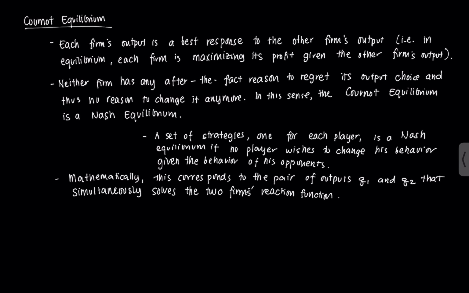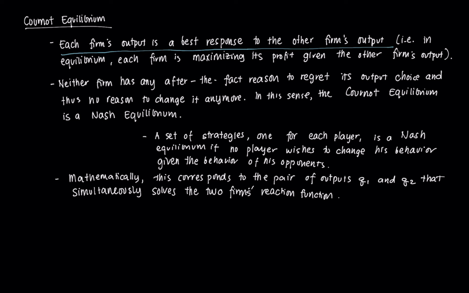We can now go on to discuss the Cournot equilibrium. Essentially, it answers the question: how much should each firm produce? Each firm will have no incentive to deviate when they're at equilibrium. So the equilibrium output for each firm is when each firm's output is a best response to the other firm's output. In equilibrium, each firm is maximizing its profit given the other firm's output.